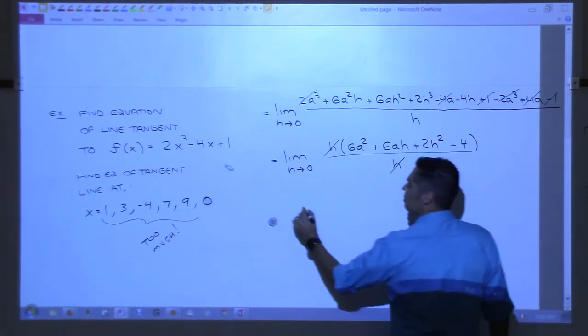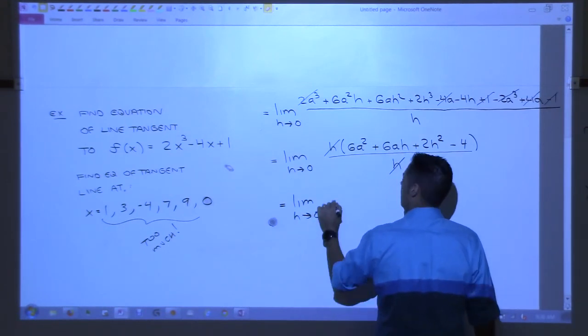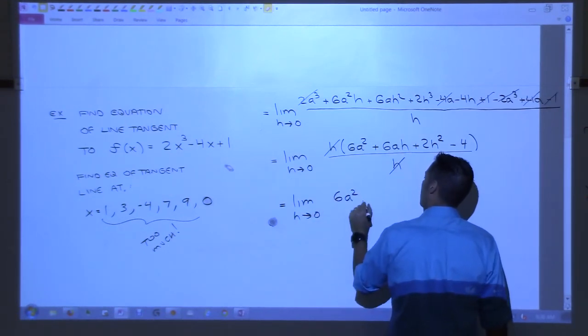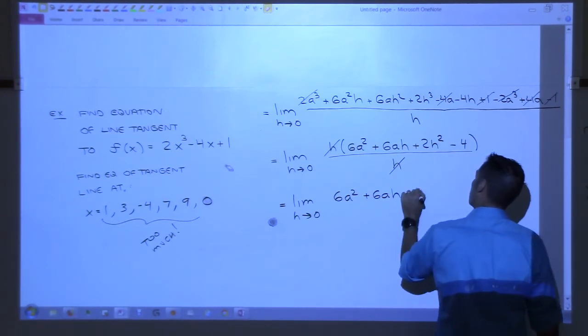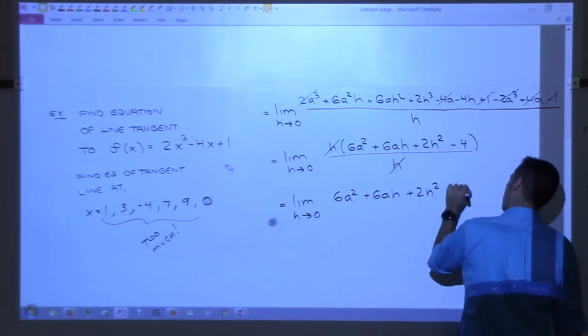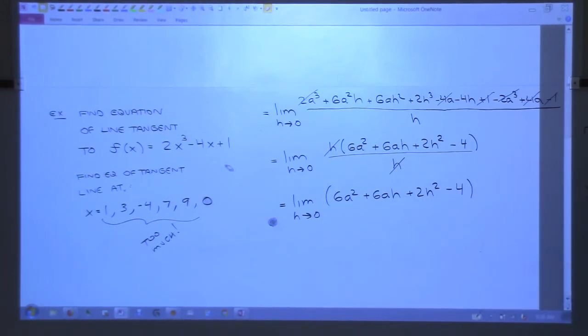And now, I'm going to take the limit on the next step. So here I'm doing limit. All I have is 6a squared plus 6ah plus 2h squared minus 4. There we go. Now at this point, if I let h go to 0, that means anything that has an h in it is going to go away, right?